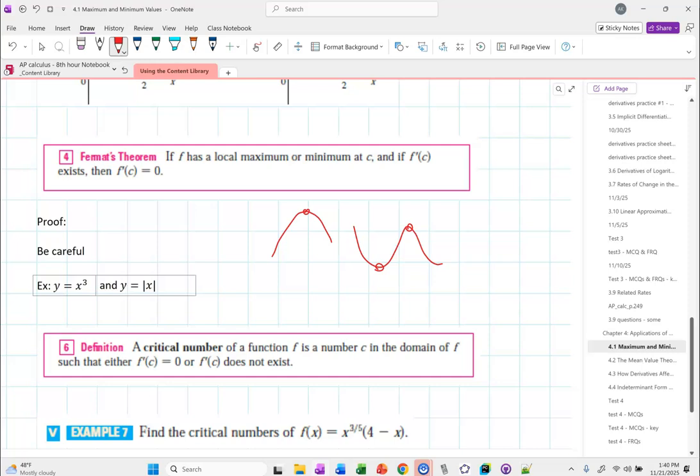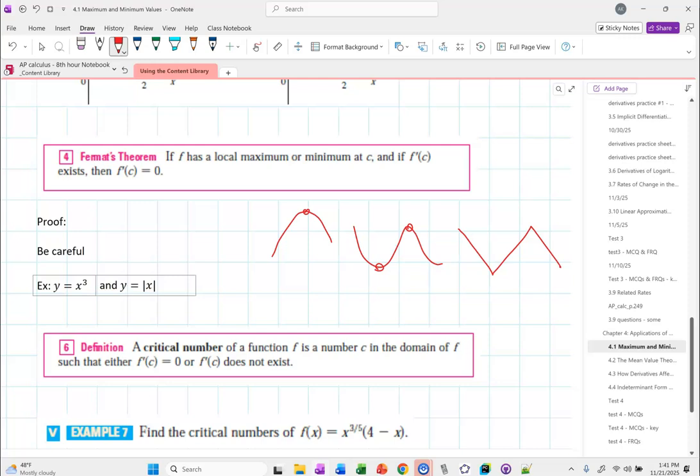It can be. What if my graph looked like this? Oh, that's fine. Those are local maximums and minima, right? What's the derivative at those values? Undefined, because it's a corner, right?